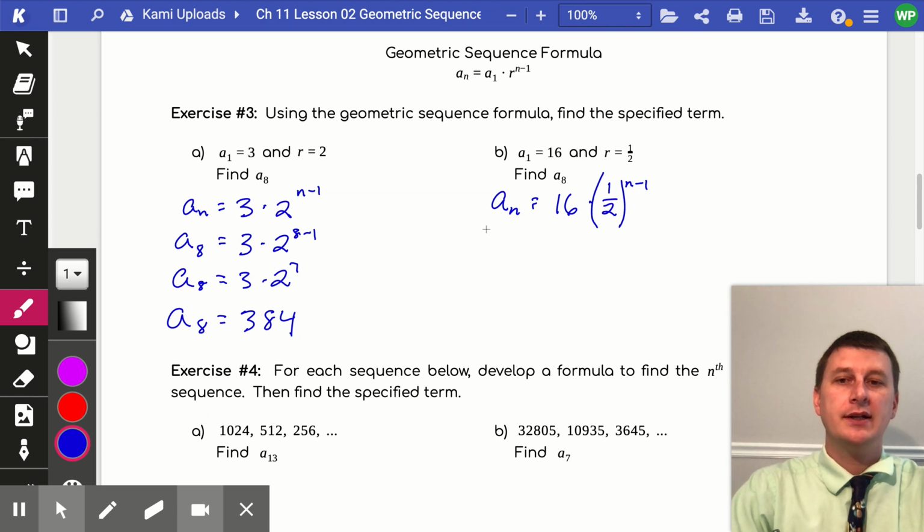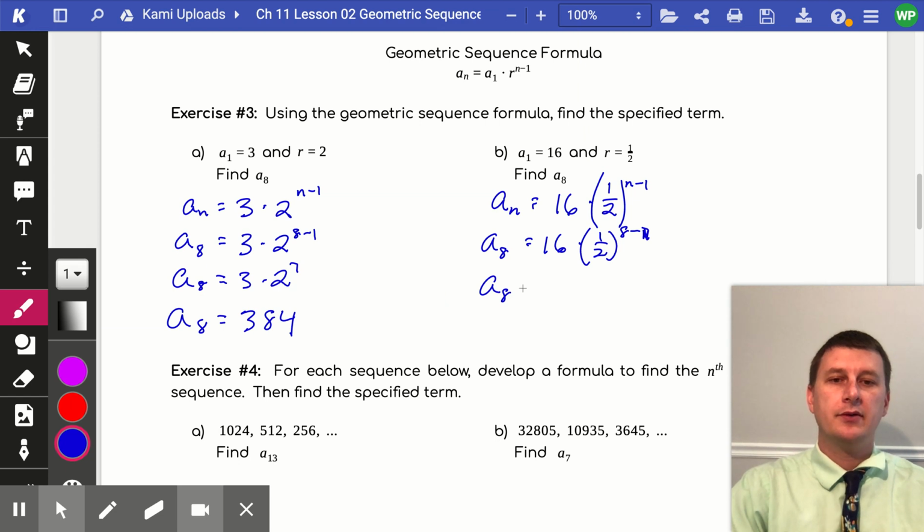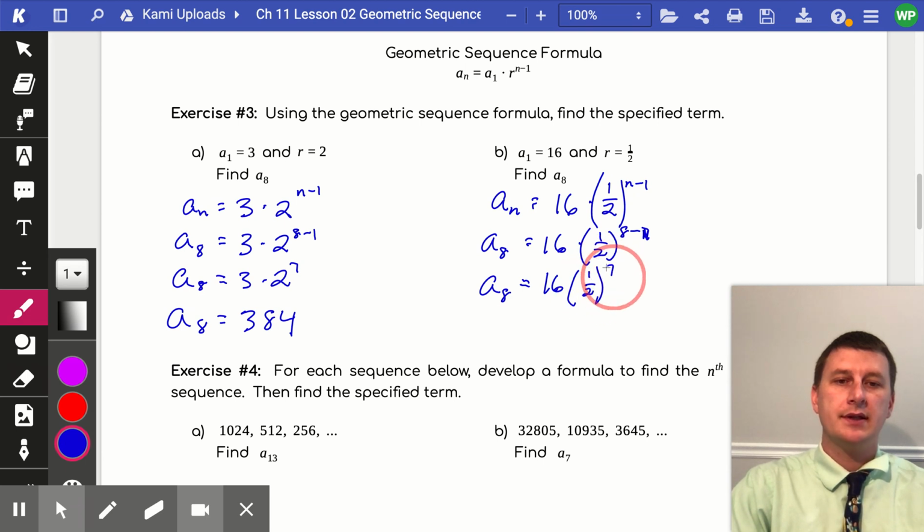And now we want to find, again, the 8th term of this sequence. So we're going to substitute 8 in for n and get 16 times 1/2 to the 8 minus 1. And we're going to now go to 16 times 1/2 to the 7th.